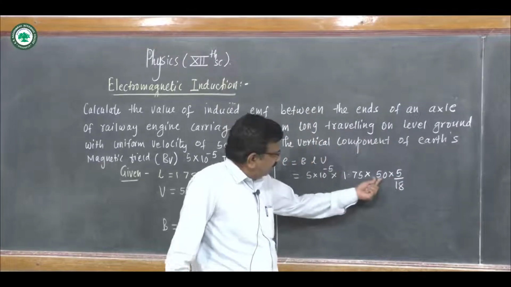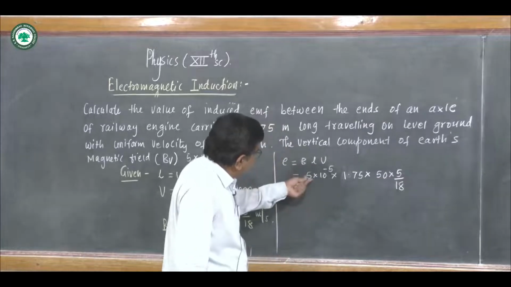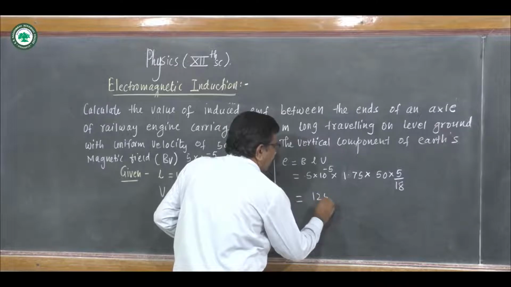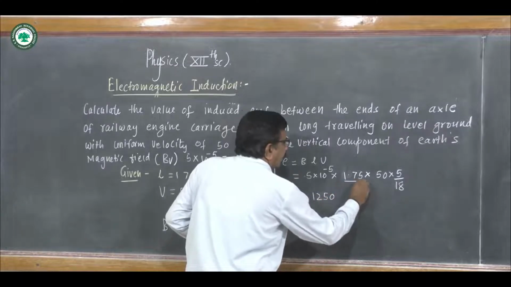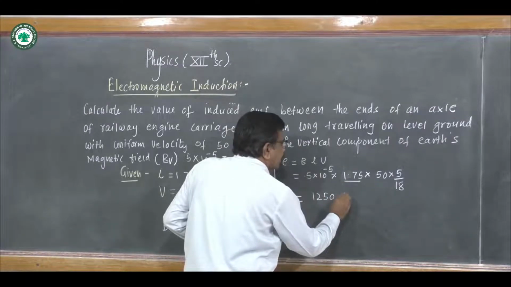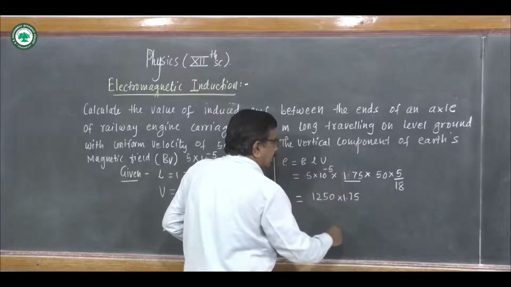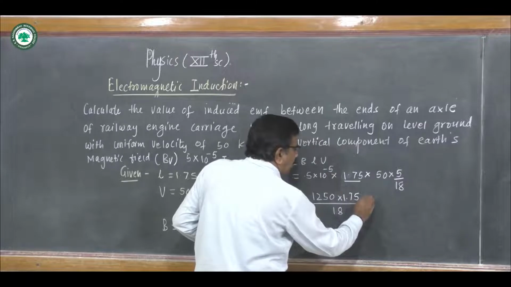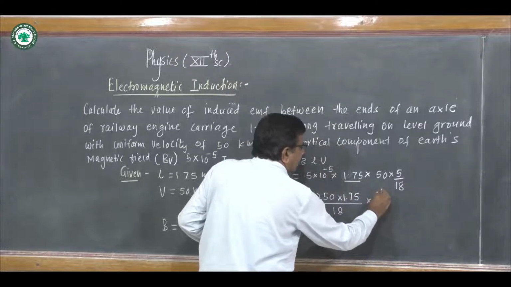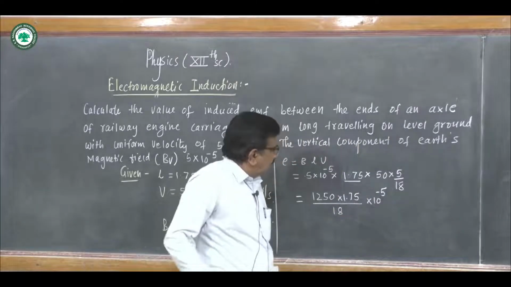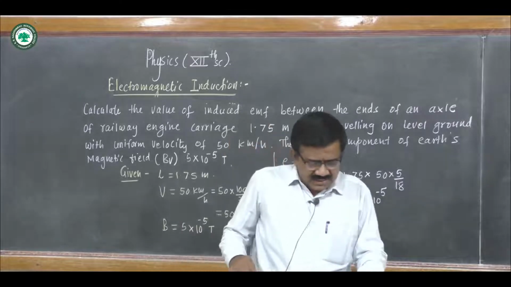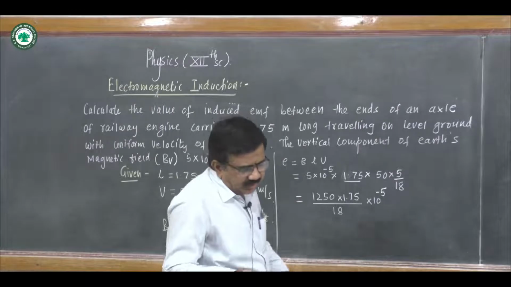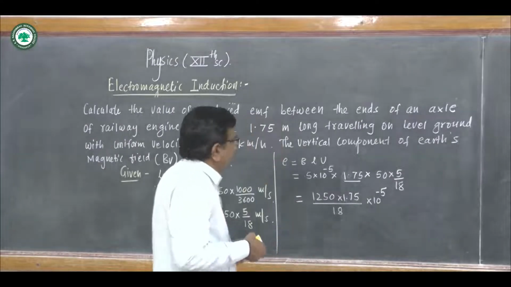See here, 50 into 5 is 250, into 5, that is 1250, into 1.75 divided by 18, and this whole multiplied by 10 raised to minus 5. 1250 into 1.75 upon 18, total multiplied by 10 raised to minus 5.